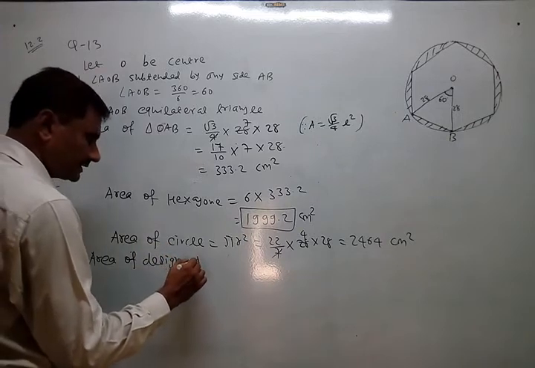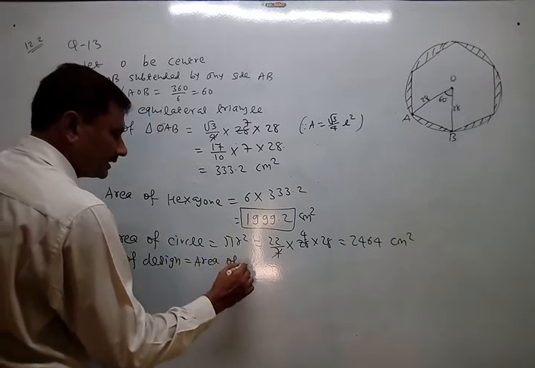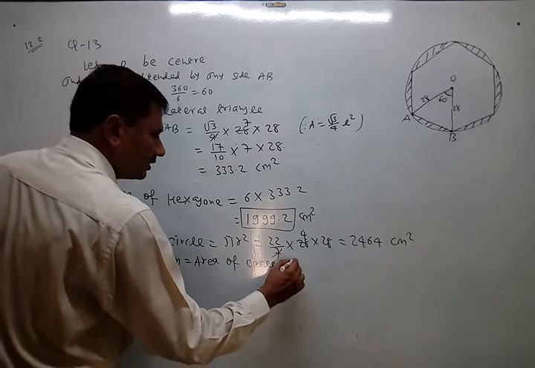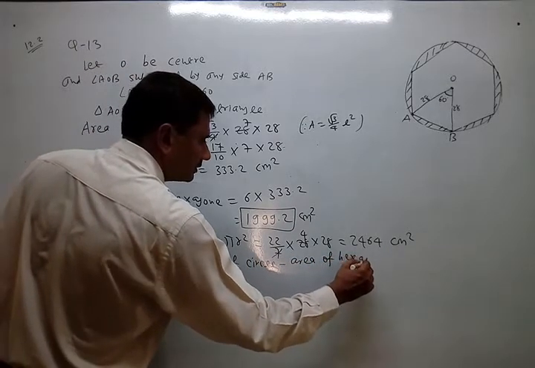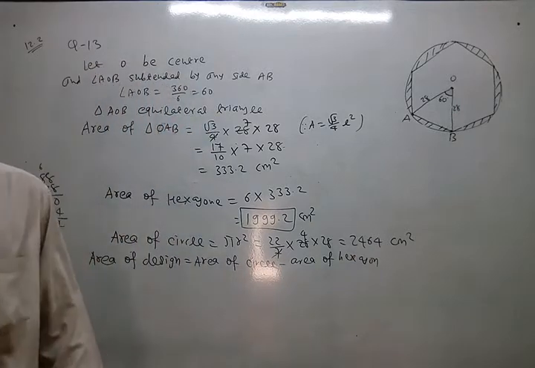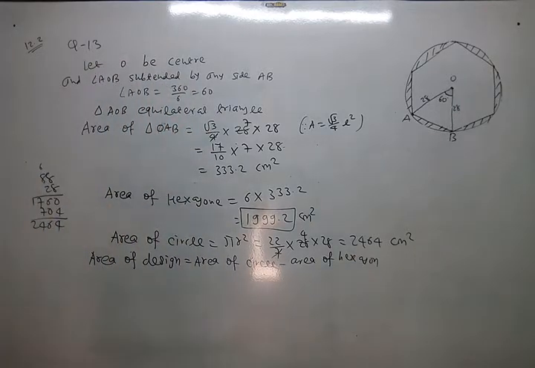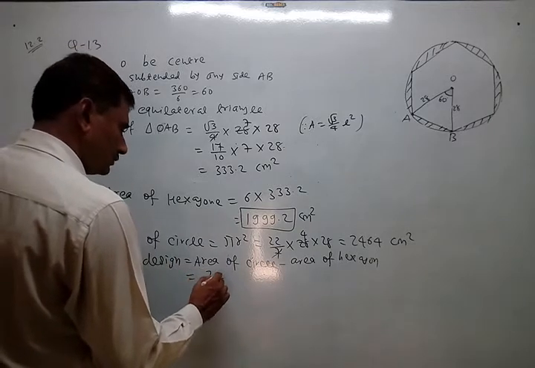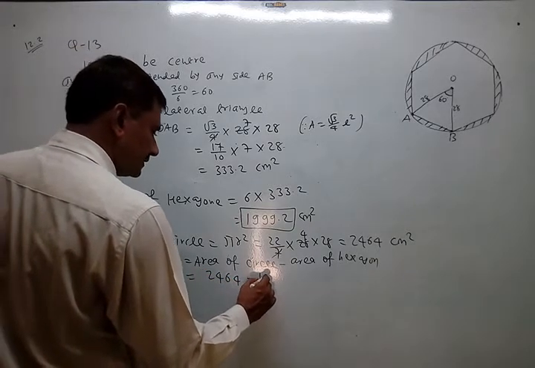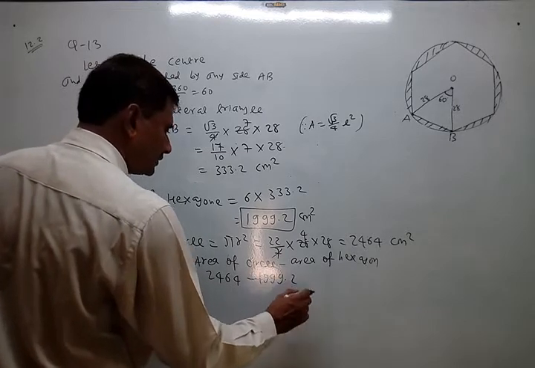If you want you can write it: area of circle minus area of hexagon, equal to 2464 minus 1999.2.